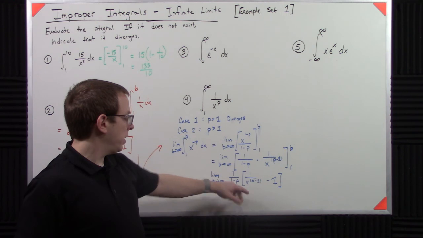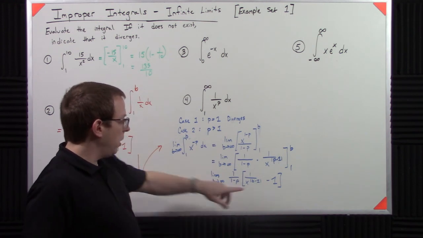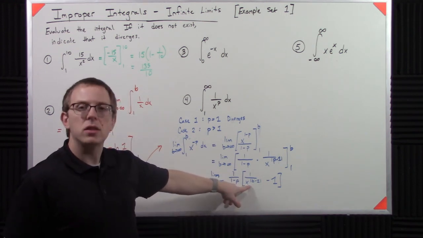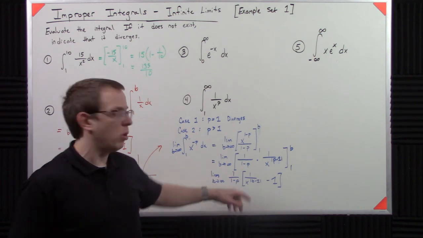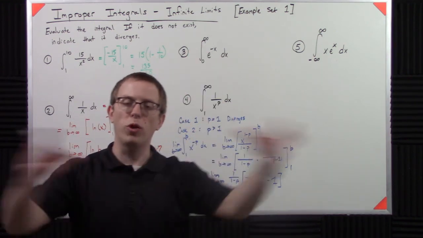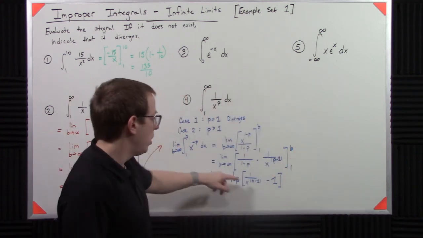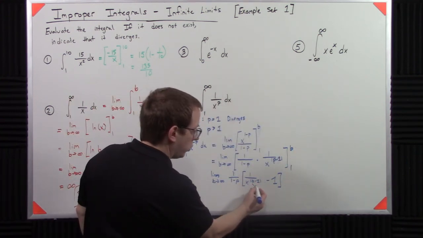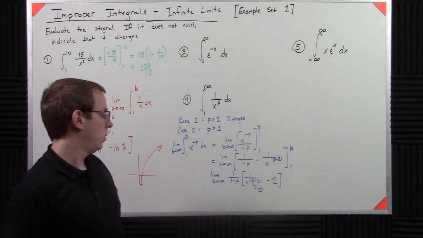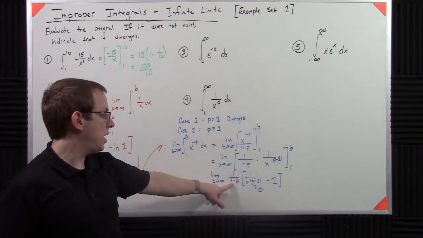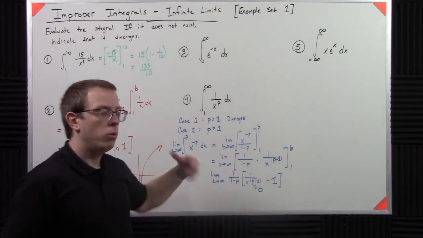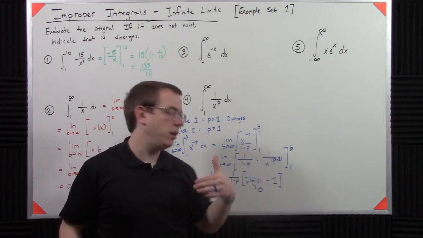So why am I saying this? Well, as b gets larger, 1 over b to the power gets really small because b to the power grows and grows and grows. So this actually shrinks down to 0. And this was negative, remember we said 1 minus p is a negative number.